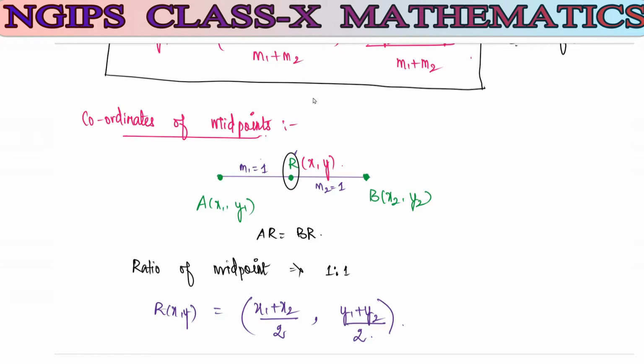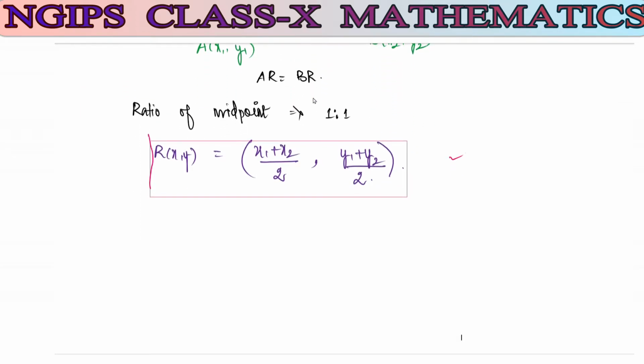So to find the coordinates of the midpoint, R of (x, y) is equal to (x1 plus x2) divided by 2, (y1 plus y2) divided by 2. This is the formula to find the midpoint.